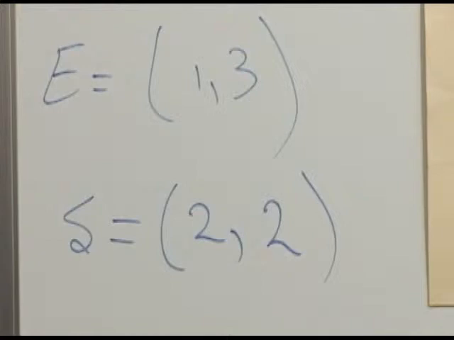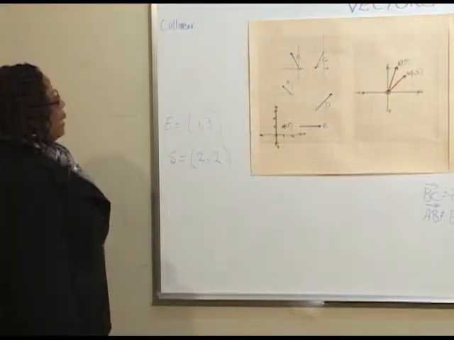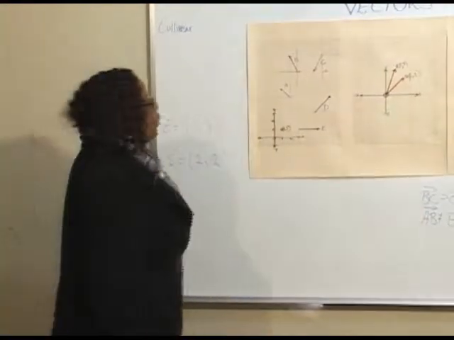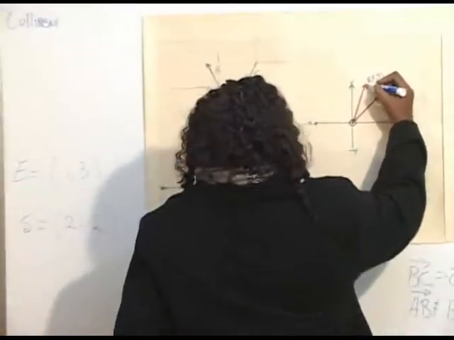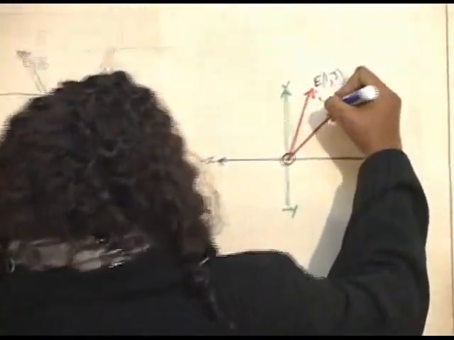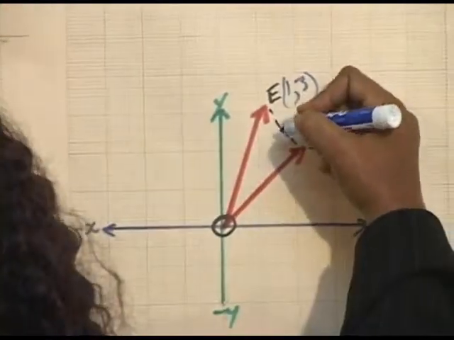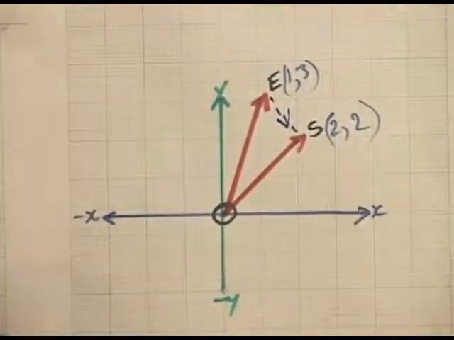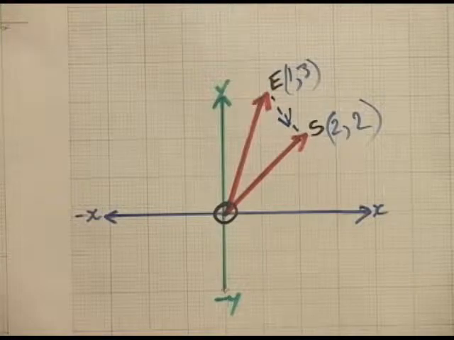First of all, they have now asked us to find the length of the vector, and I'm going to put it in here in dotted lines. So they would want us to be asking, what is ES? So I've drawn it in that position.